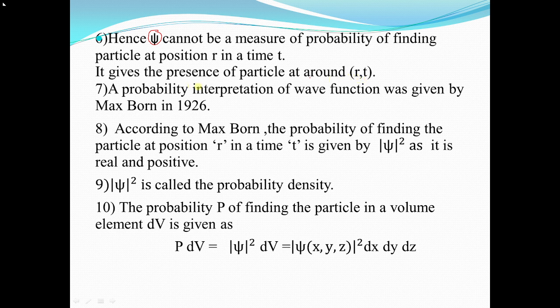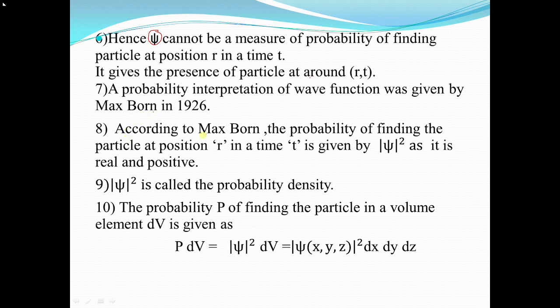It cannot give probability. So which one gives probability? That was found by Max Born. The probability interpretation of the wave function was given by Max Born in 1926. That's why we call this topic Born interpretation of the wave function psi.